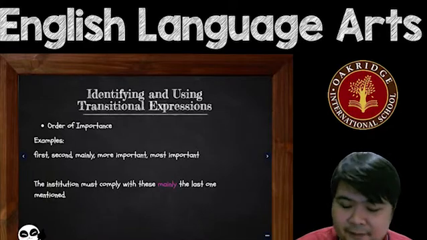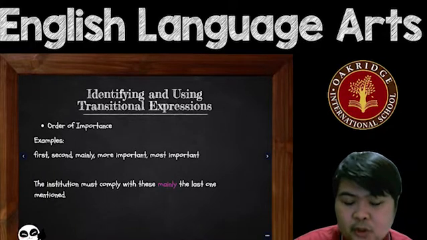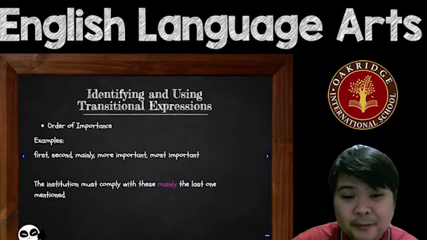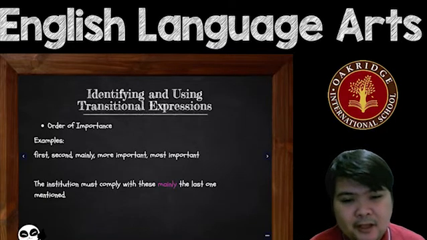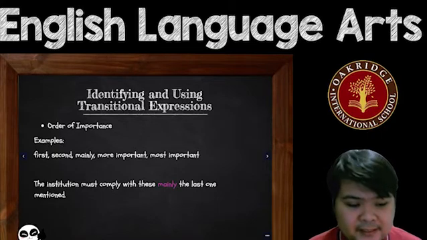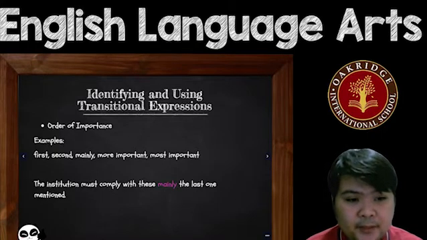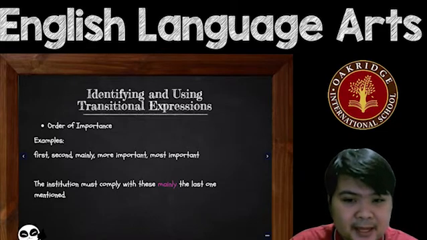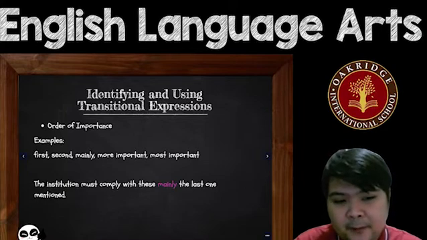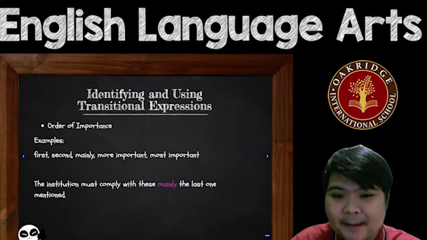Next, you also have order of importance. So you use these to show which is much more important, your priorities, which is prioritized. Your examples here, we have first, second, mainly, more important, most important, right? These are different order of importance. How do you use them? Example, the institution must comply with these, mainly the last mentioned.